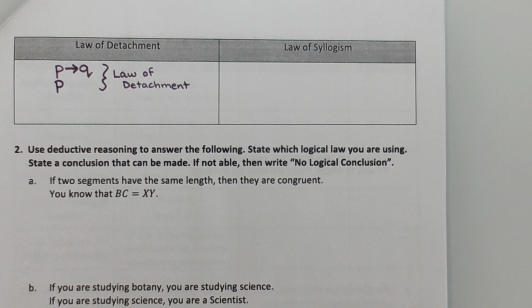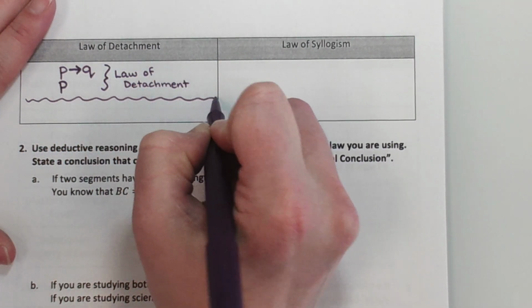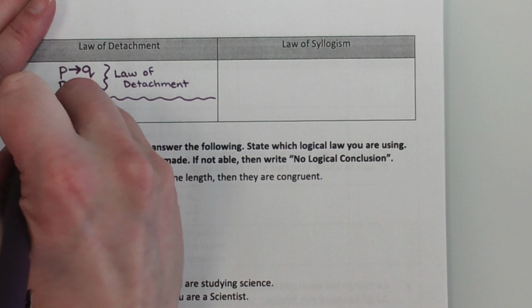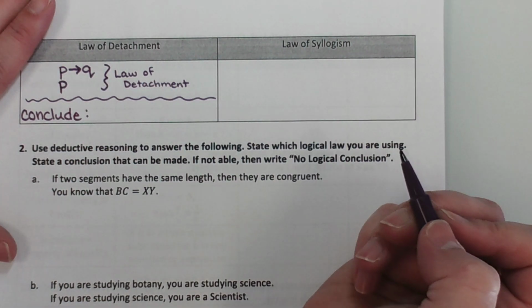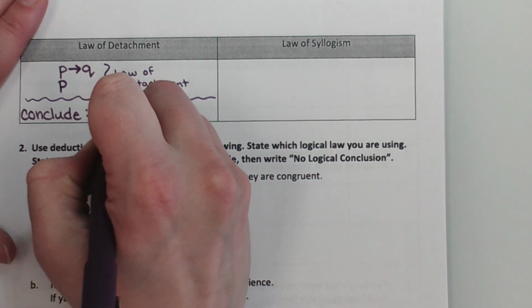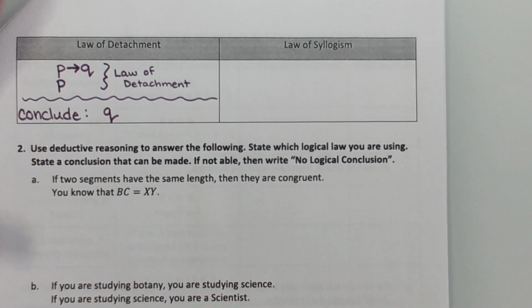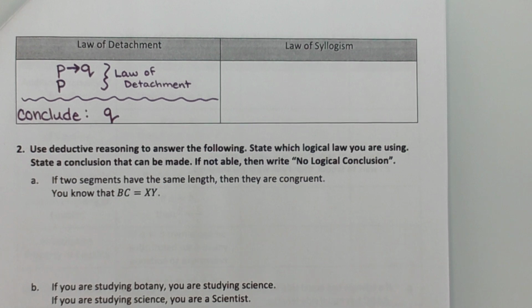If you have that, the law of detachment says you can conclude, in other words, you can say that this following thing is true, and the thing you can say is true is Q, the conclusion piece of your if-then statement.